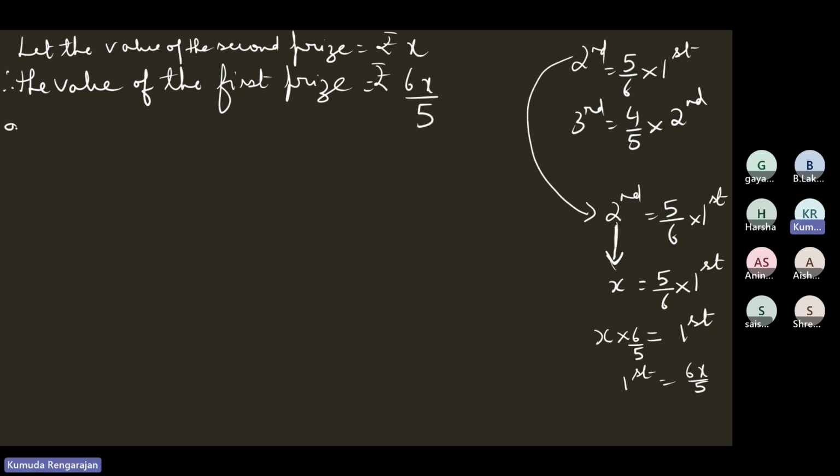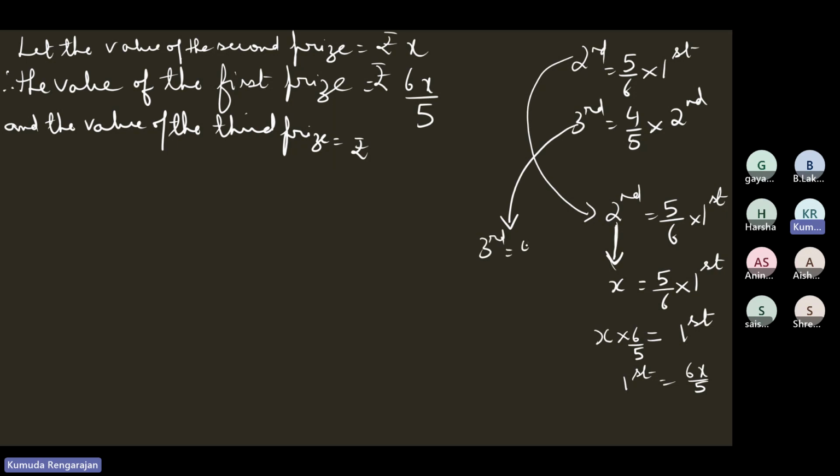Now, the value of the third price. We need to use this relation for the third price. Let me write it again. The third price is equal to 4/5 of the second price.